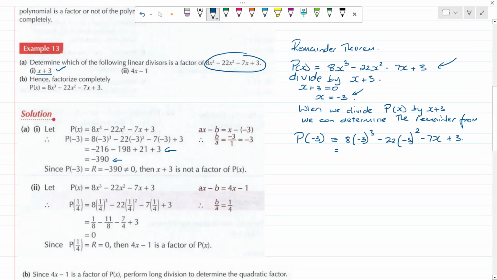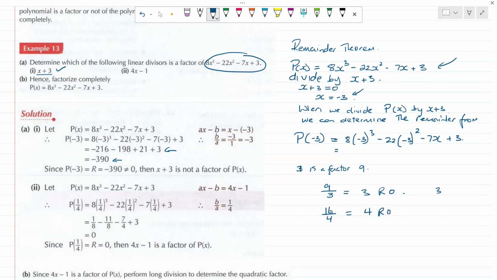Now, let's think about something. If a number is a factor of another number, let's say, for example, 3 is a factor of 9. If I take 9 and divide it by 3, I will get 3 with a remainder of 0. Again, if I take 16 and divide it by 4, I get 4 with a remainder of 0.